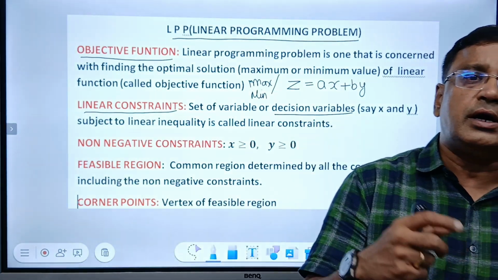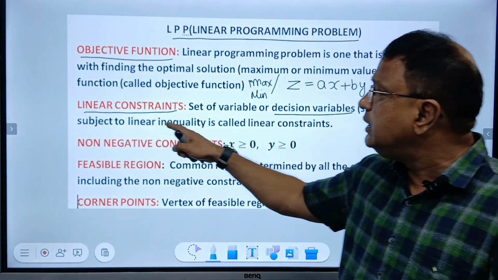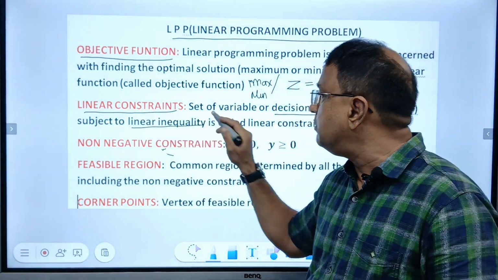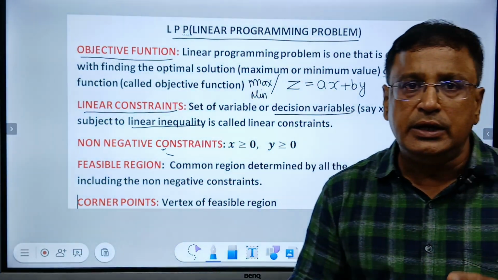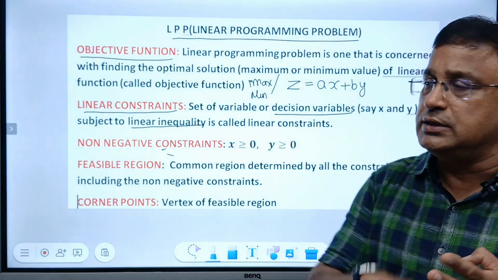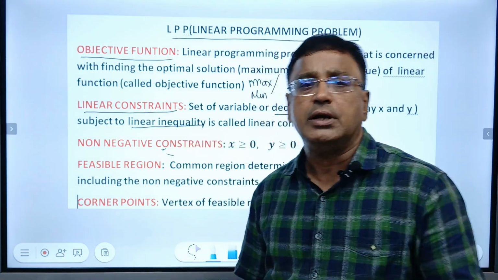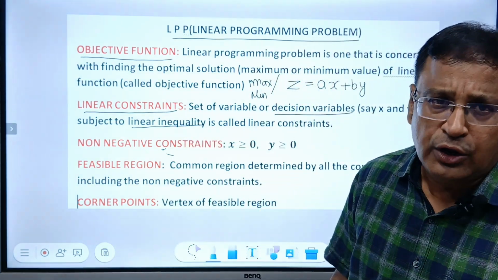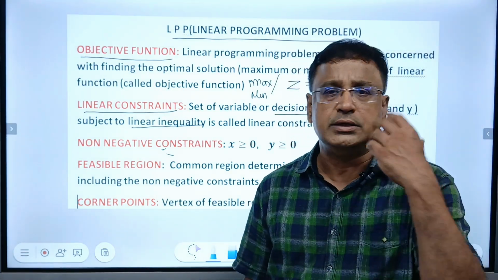So all the constraints that we have in doing a business are given by linear inequalities involving x and y. That is why they are called linear constraints. As I told you, there are different types of constraints: capital constraint, allocation, land, labor. There are many constraints.